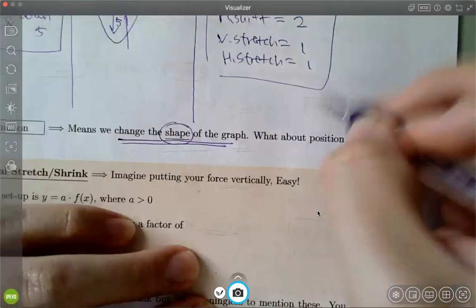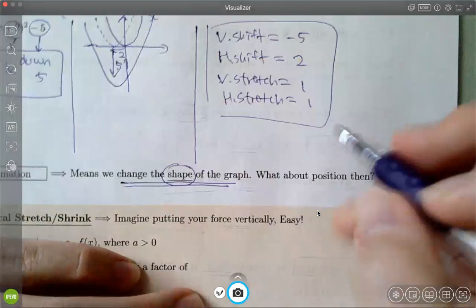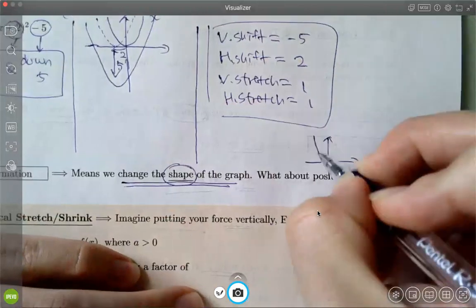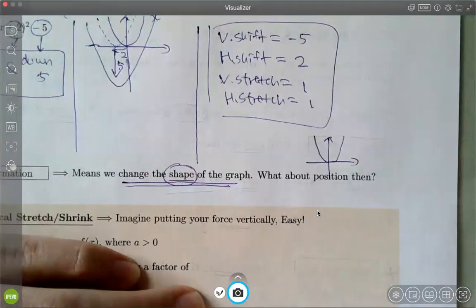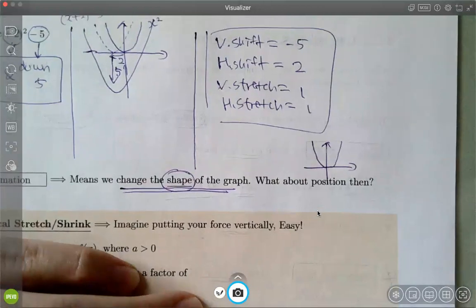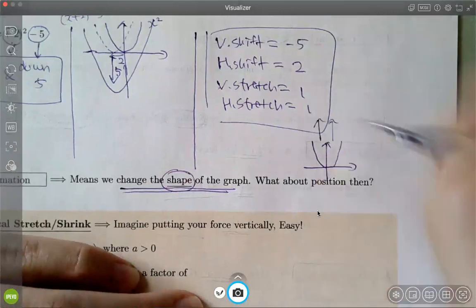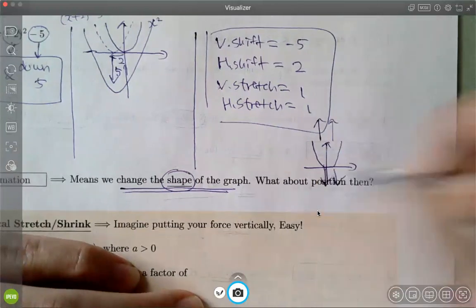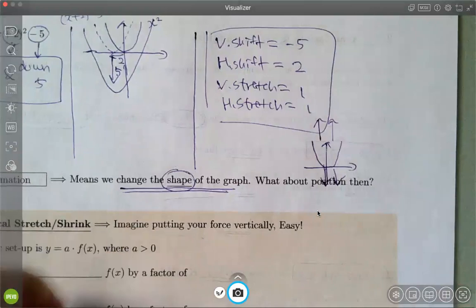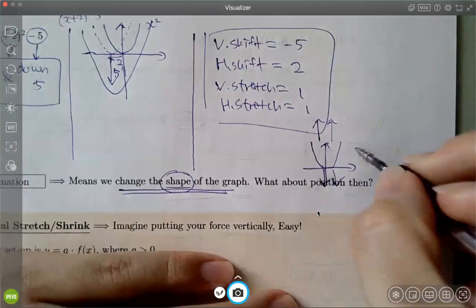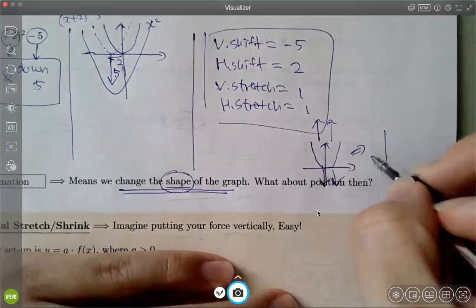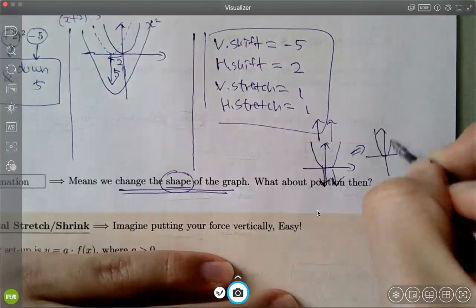So for example, the x squared graph looks like this. Imagine you are stretching it vertically. Suppose you can grab this graph and apply your force like this. That's how you stretch. So how will the graph look? It will be kind of skinnier, like that.